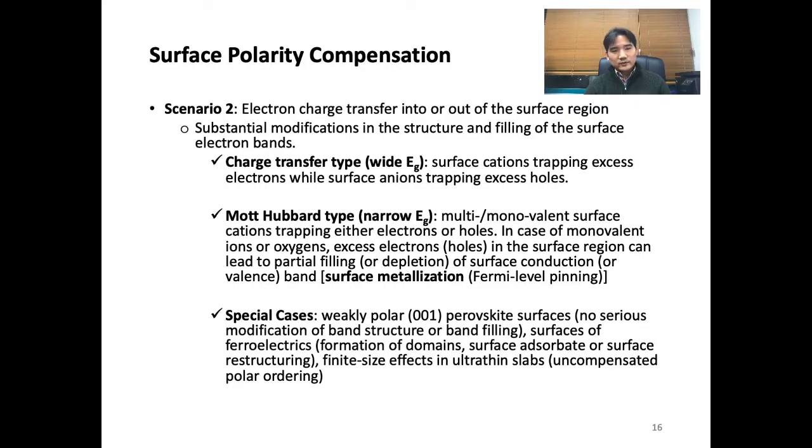And now let's move on to the second scenario of surface polarity compensation. The second scenario is about electron charge transfer into or out of the surface region. And in this case, substantial modification in the structure and filling of the surface electron bands will occur. And we will have three different types of modifications.